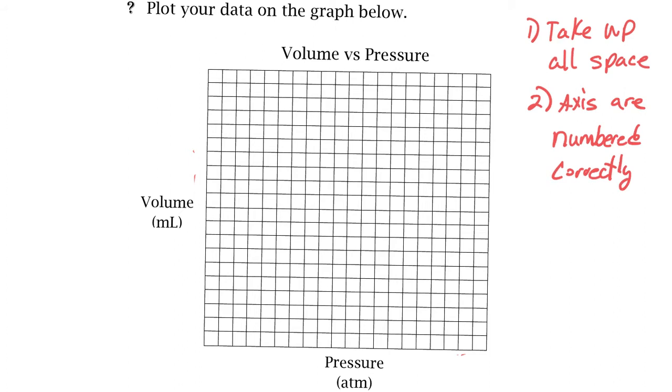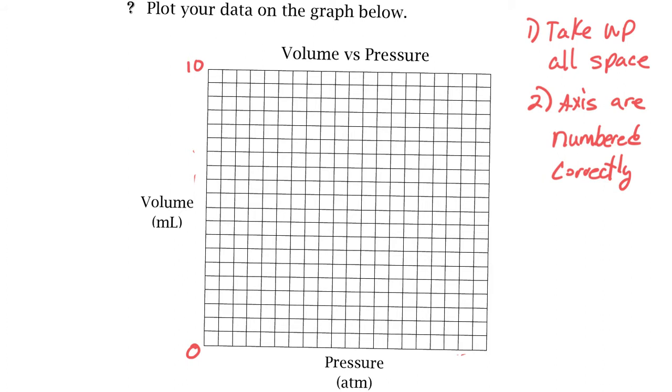So let's take a look at numbering correctly. I'm going to do the volume first. So I'm going to start with 0 there. The highest volume I've got is 8.4. I would not want to have this top number here be a large number, because all my information is going to get scrunched in the bottom then. But I don't want to have 8.4 be the very top. So I'm going to say 10 seems like a pretty appropriate way.